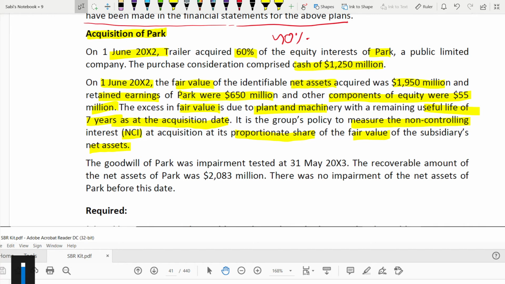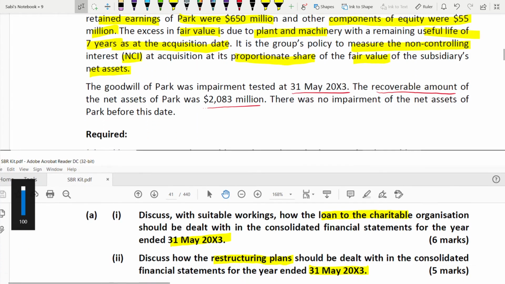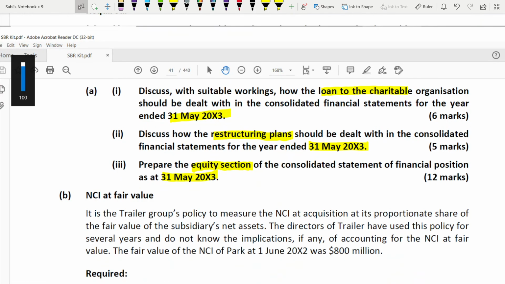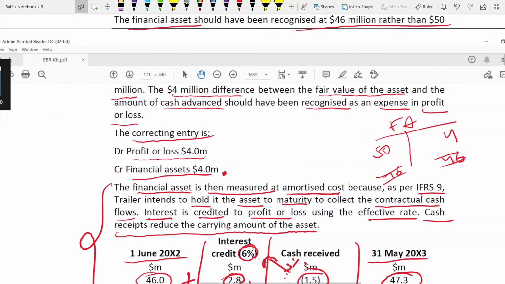They will give you the recoverable amount. So the recoverable amount of net assets was 2083 million. There was no impairment of the net assets before this date. So for the equity section, you need all this.